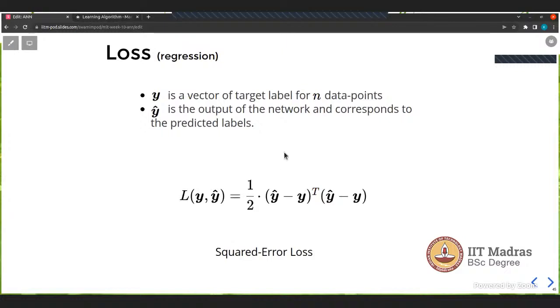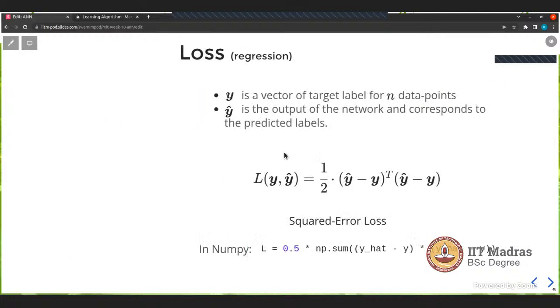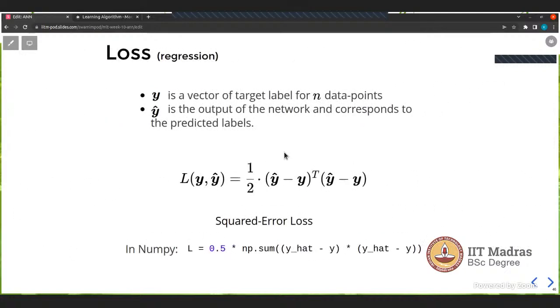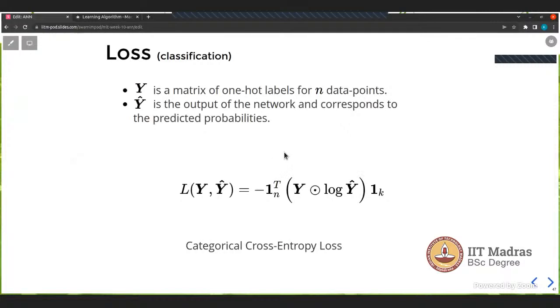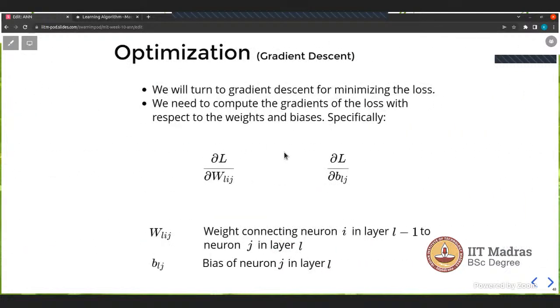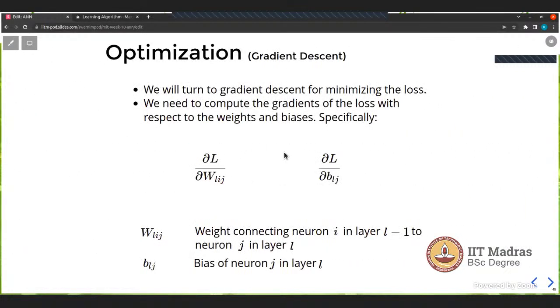Yeah, for regression, it's your squared error loss. It's the usual one. And for classification, it's the categorical cross entropy. Again, usual stuff. Yeah, so optimization is also familiar to all of us. It's gradient descent, and the whole idea is you need to find the gradient of the loss with respect to the weights and biases, right?